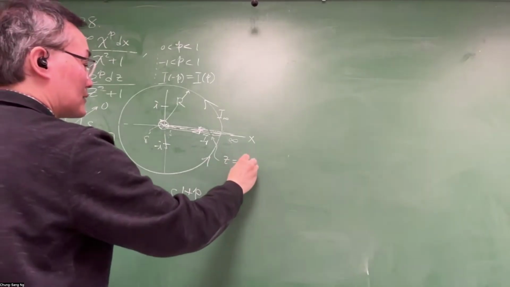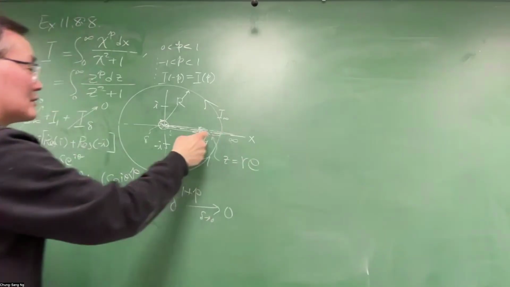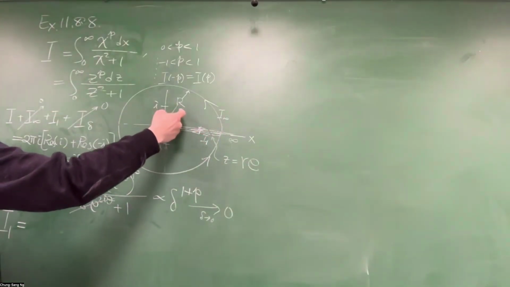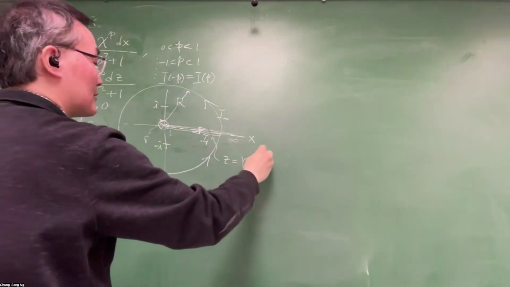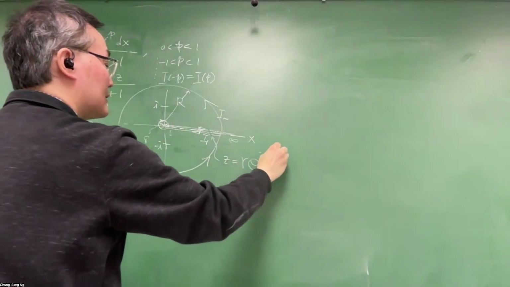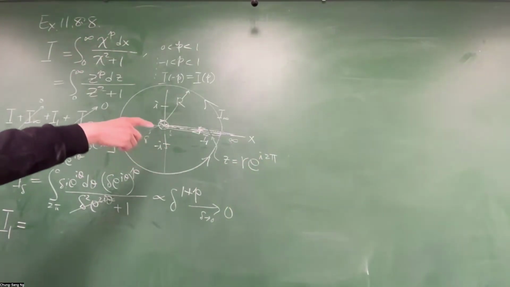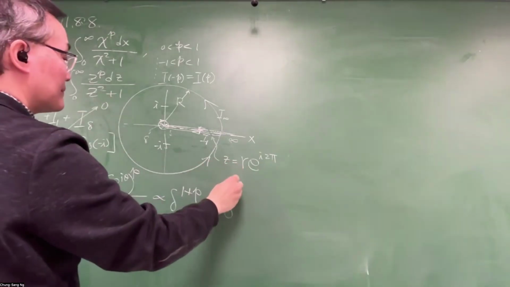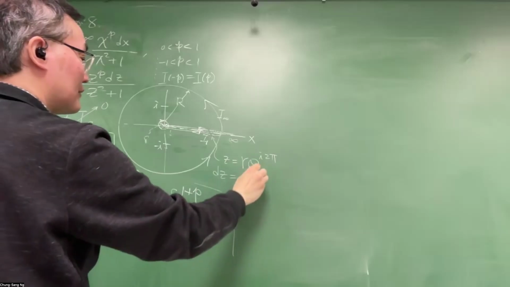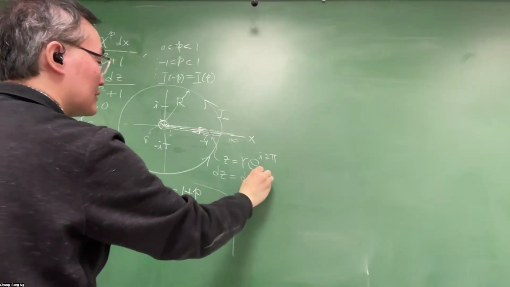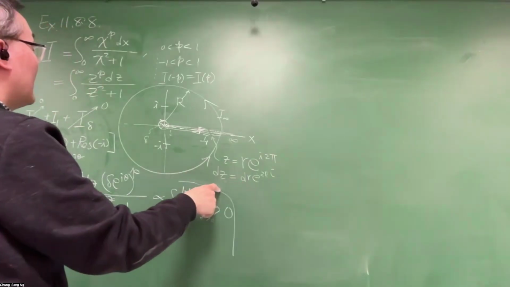Let's just use r, and then, to keep this single valued, theta is going from 0 to 2 pi. That's our choice. So 0 to 2 pi. All right, so for the x squared term it doesn't matter, and dz is just dr, with the e to the 2 pi i being just 1, right?